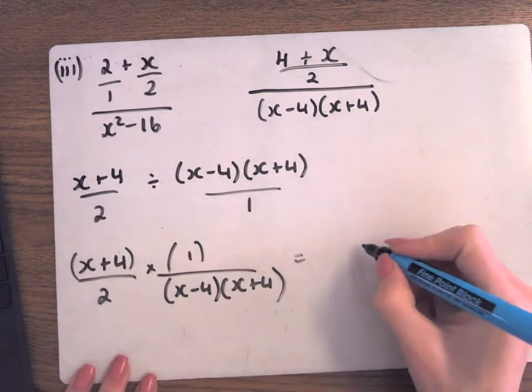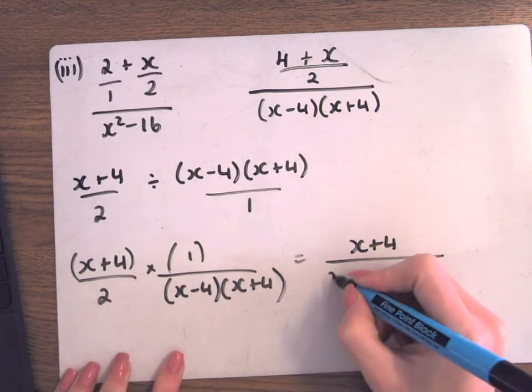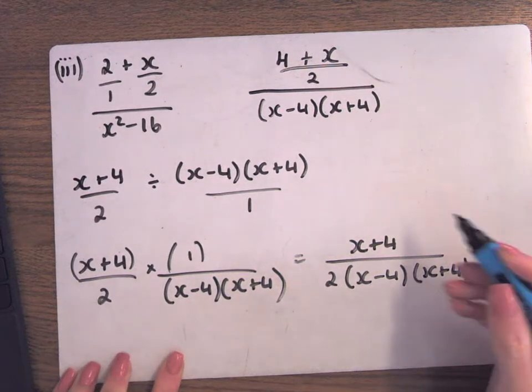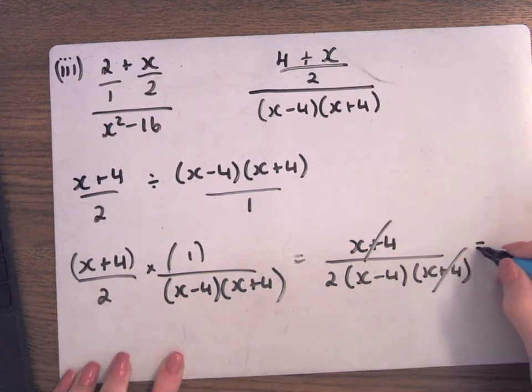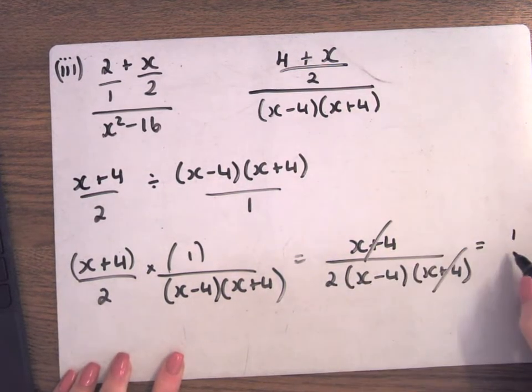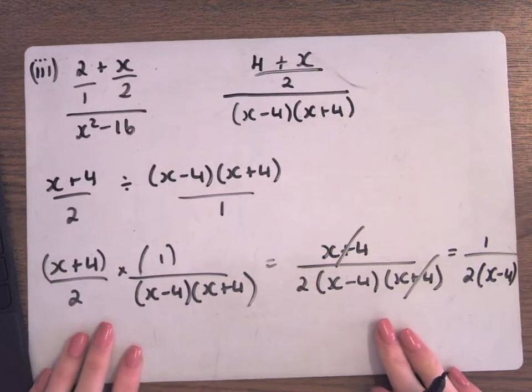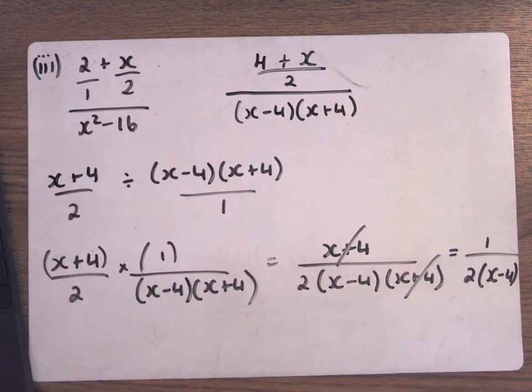So that's going to be x plus 4 over 2 bracket x minus 4 x plus 4. And that x plus 4 and that x plus 4 will cancel. I can't be left with nothing on the top. 1 over 2 bracket x minus 4. Sorry. And miss, I multiplied out the bottom line and I still had the x plus 4, but my answer was 1 over 2x minus 8. Well, that's totally fine. Yeah, absolutely.